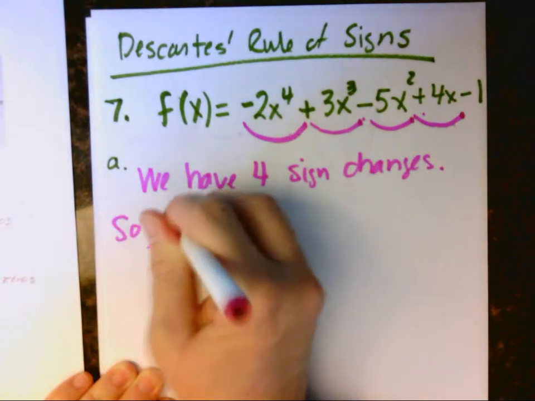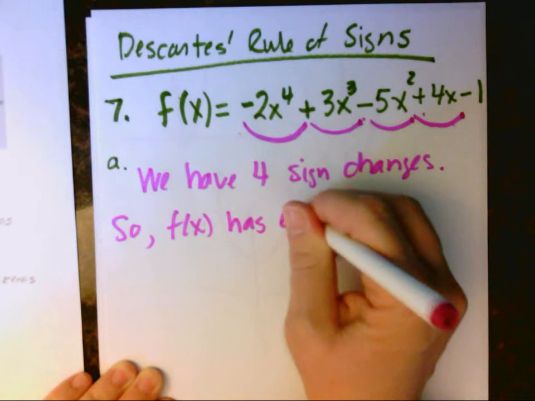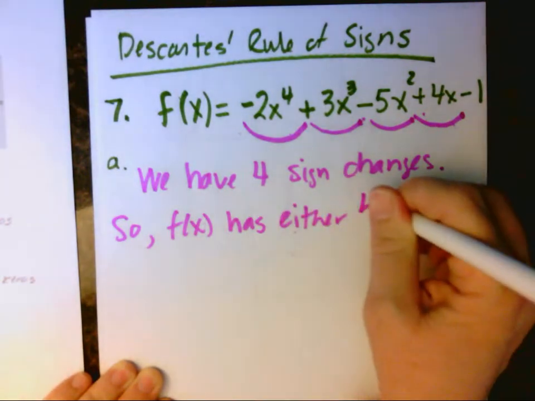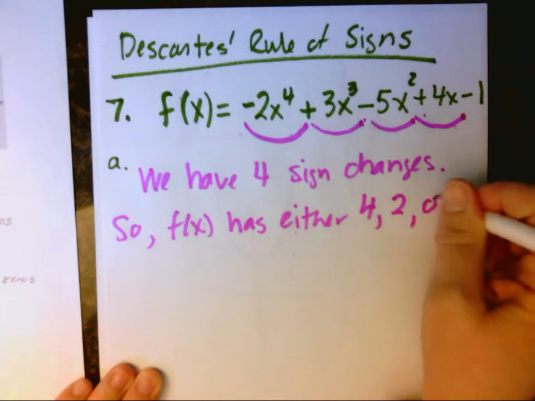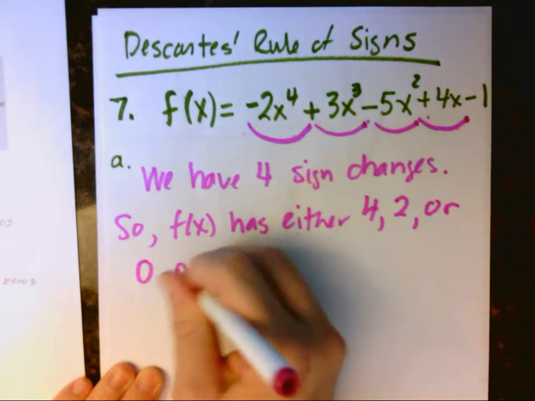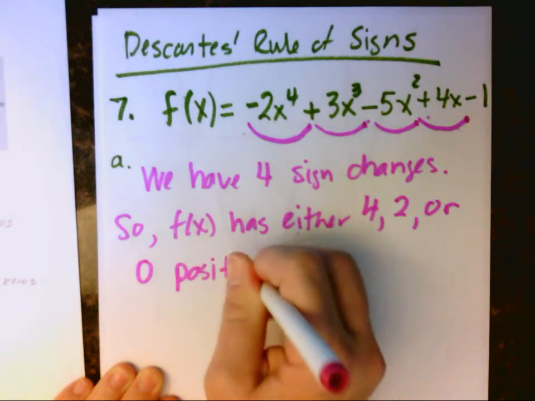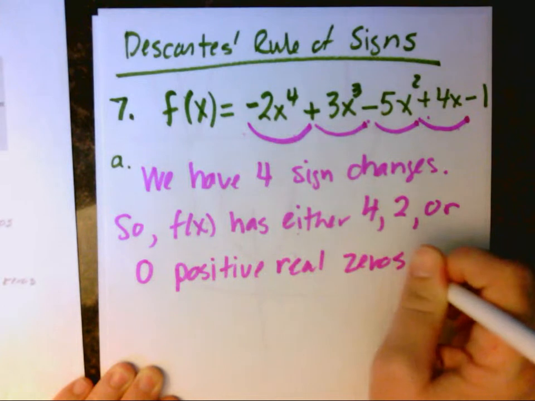So f of x has either 4, and you go down by 2 each time, 2 or 0 positive real zeros. Doesn't tell us a lot.